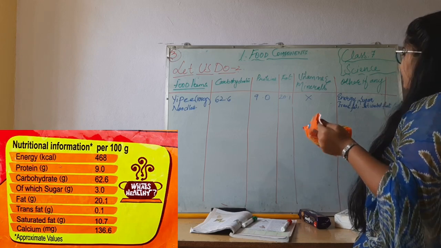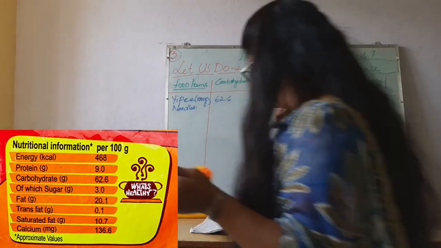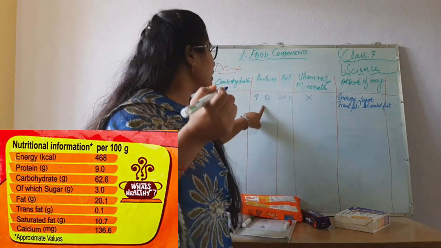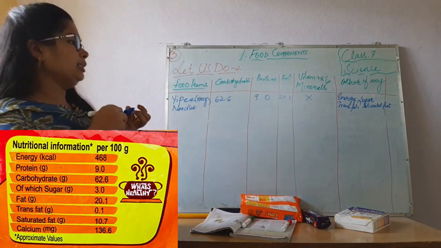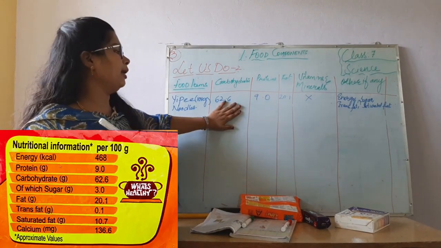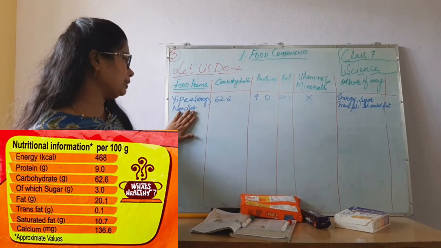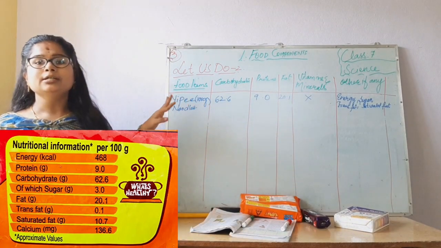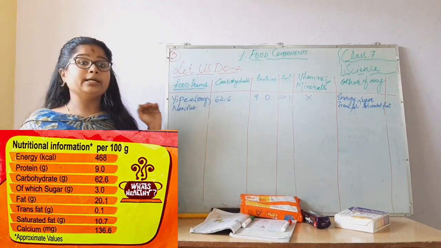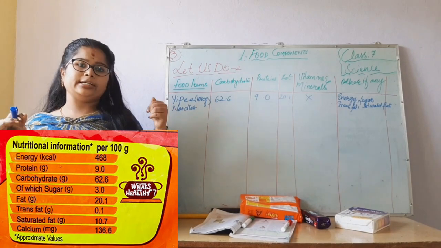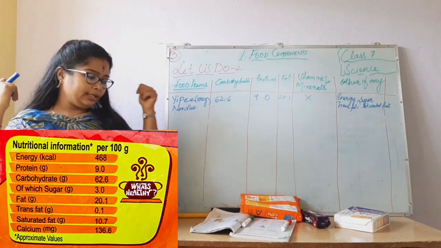These all are given in grams for 100 grams. What is more in all these things? Carbohydrates are there. So if you eat Yippee noodles, you are going to get carbohydrates, an energy giving food. But this alone is not enough daily. You can take it as a breakfast. Okay. Next.